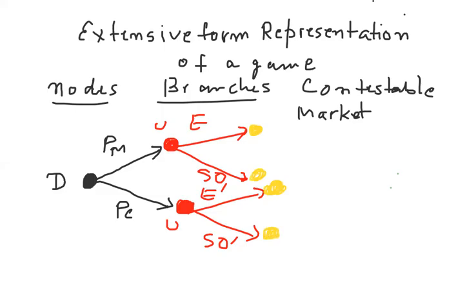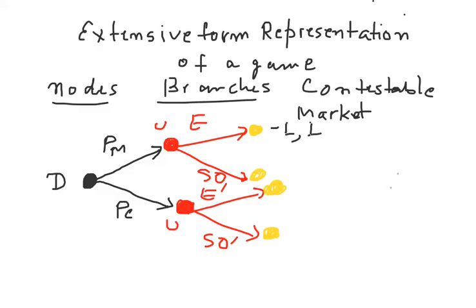And the terminal nodes will result in some kind of payoffs or profit. We can use some numbers to denote payoffs. Let's say if Delta chooses monopoly fare and United enters and undercuts Delta's fare, then Delta is going to make a loss of, let's say, $1 million, and United is going to make a profit of $1 million.